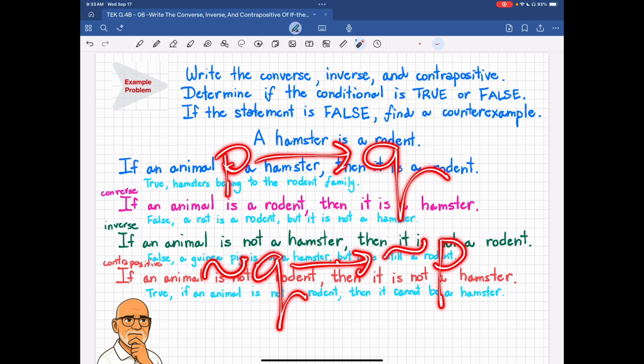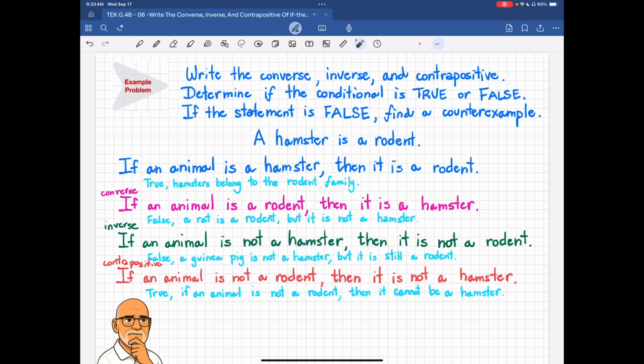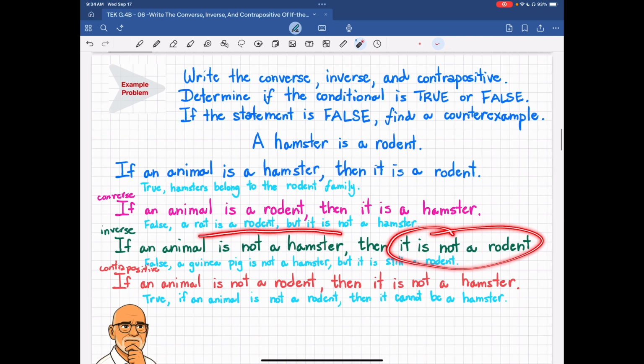So the contrapositive is made by not Q, then not P. So it's basically taking the inverse and flipping it. So if an animal is not a rodent, then the animal is not a hamster.